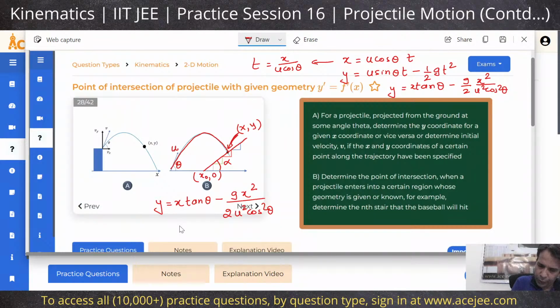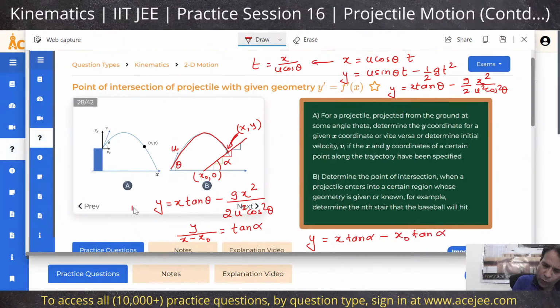Well, you can use y minus y0 upon x minus x0 as m, the slope, that is tan alpha. x0 we know, y0 is 0. So y upon x minus x0 equals tan alpha. So y equals x tan alpha minus x0 tan alpha.